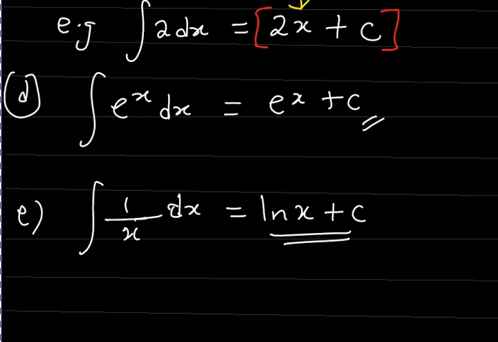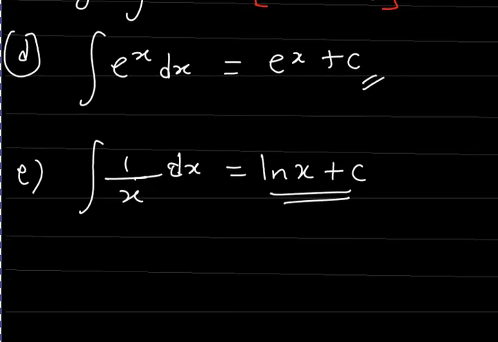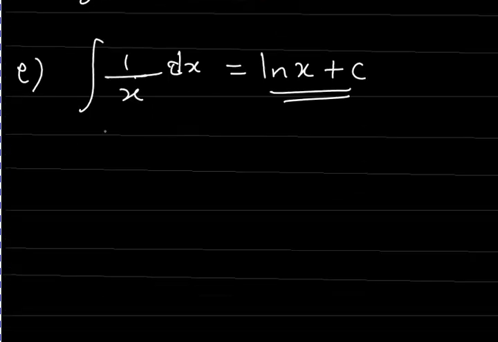For example, let me just put it as 1 over f of x. That's a linear function. Because f of x can be any function, let me just use x, in as much as what you have is a linear function.